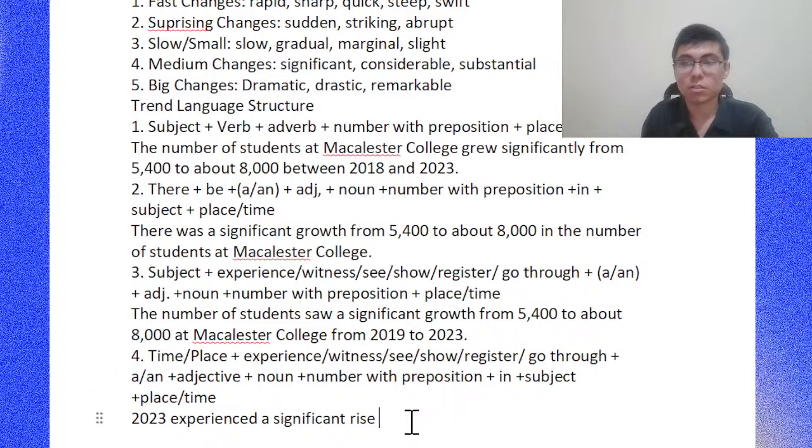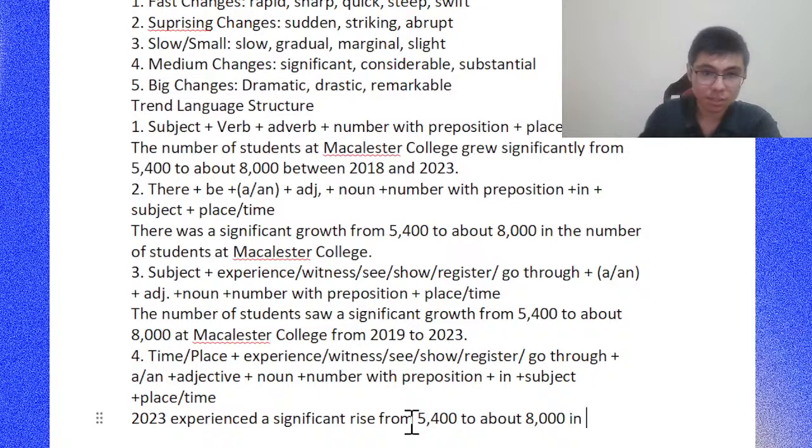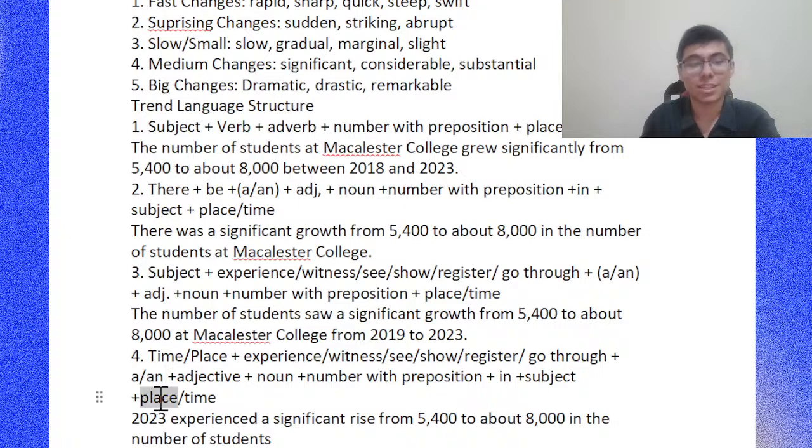So let's use from 5,400 to about 8,000 in. Because here we have in, and then after that we can use subject, and the subject would be the number of students. Now we will write the place, at Macalester College.